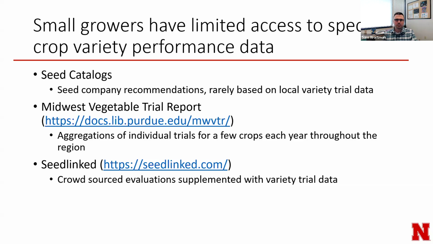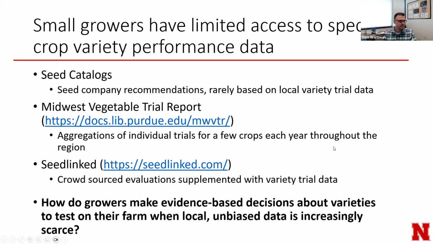So when you go to find information about a given variety on SeedLinked, you'll see an average of user scores. It's taking this idea of how we review products online, whether it's through Amazon or whatever, and relying on that previous experience to help us inform how that variety might perform. So that's a nice tool.